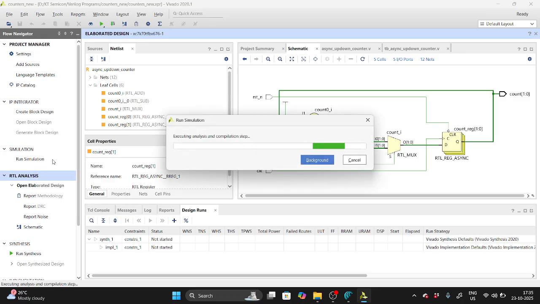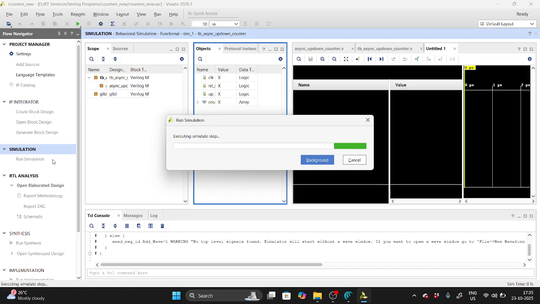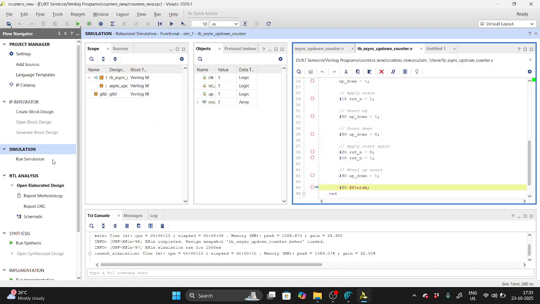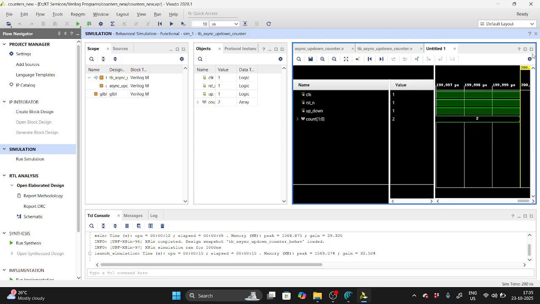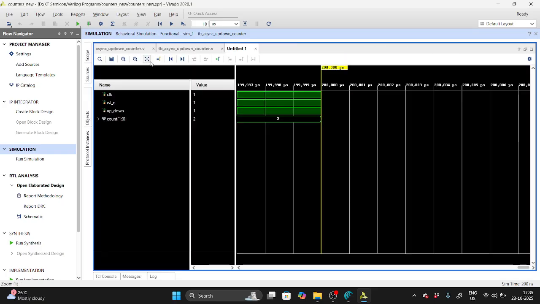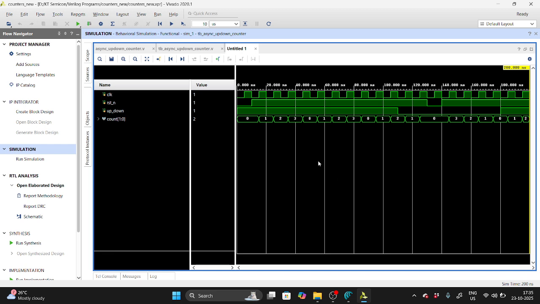Go to simulation and run the behavioral simulation. I want to see the output for a 2-bit asynchronous counter. If you see the waveforms, fit to page, during this reset, reset is activated, so counter initial values are 0 only.